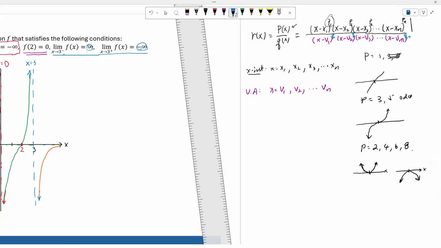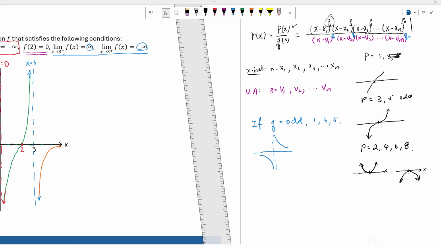And again, how does q affect the function? So if q is odd, meaning 1, 3, 5, then when the function is nearby the vertical asymptote, it behaves this way.